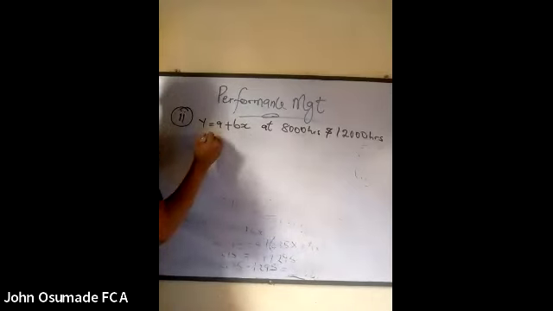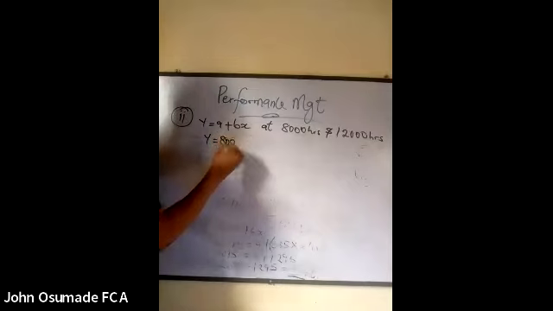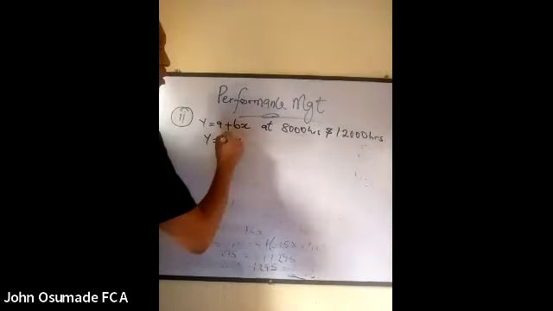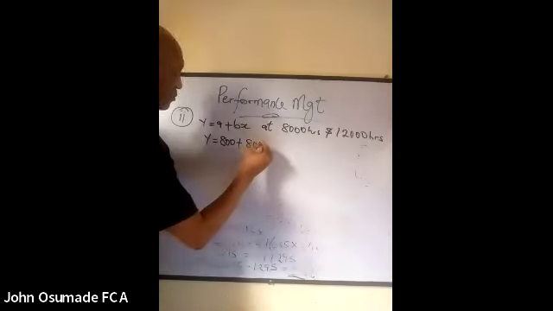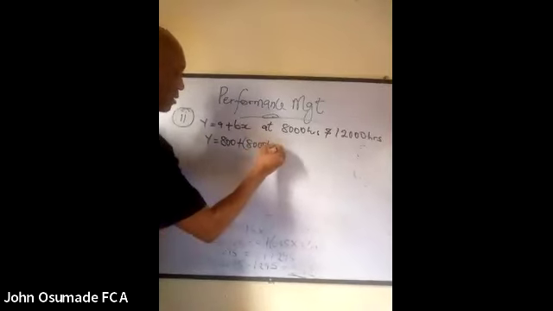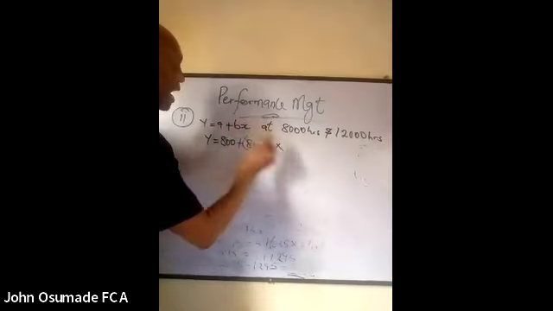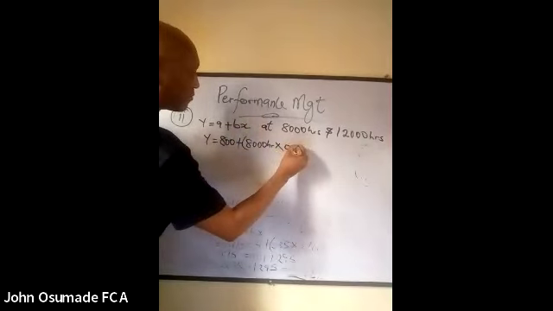Now y equals A, which is 800, plus what is our B? 8,000 hours multiplied by 0.35.